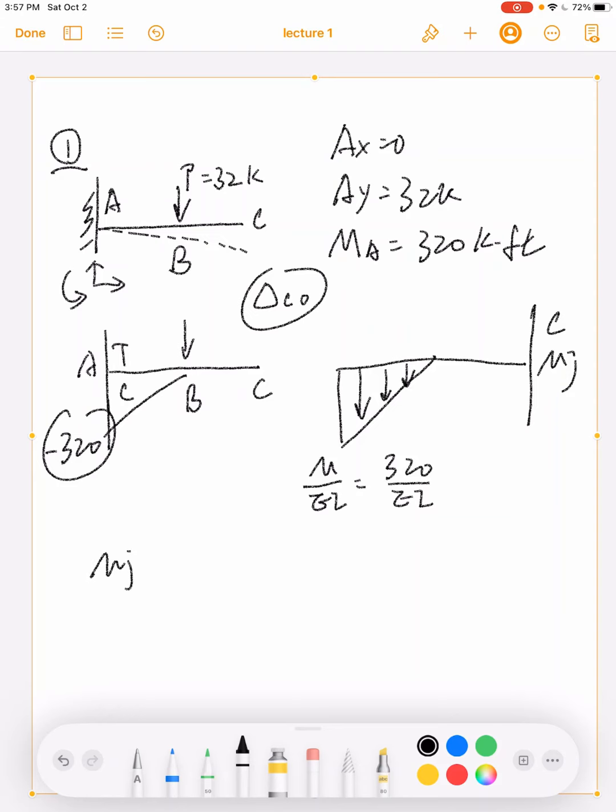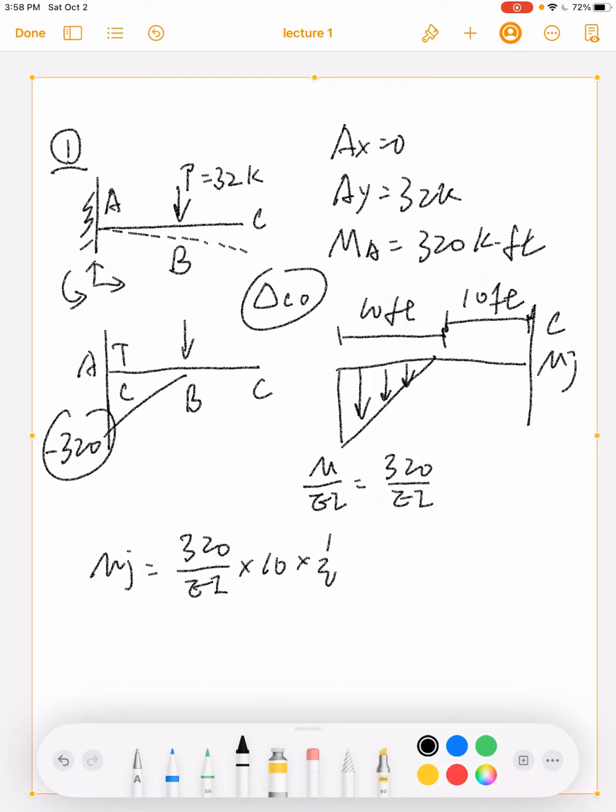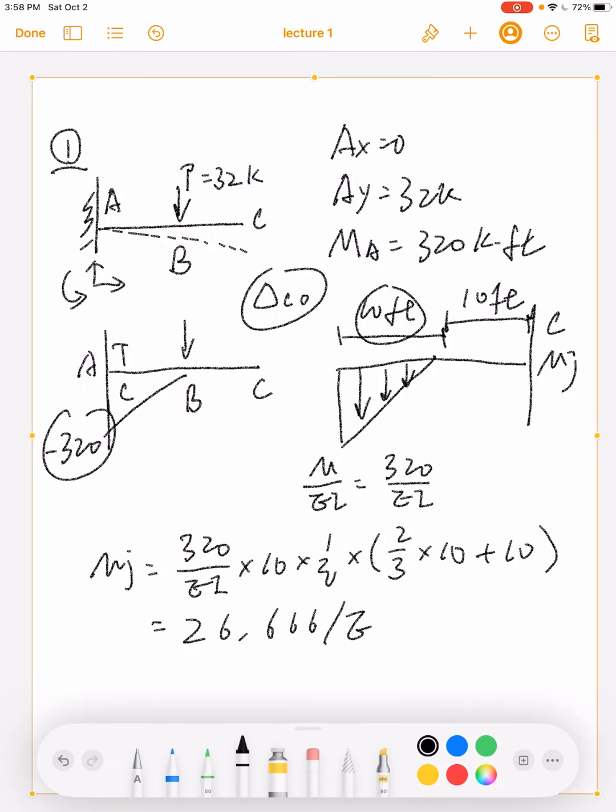So this MC is 320 over EI, that's the area of this triangle, multiplied by the moment arm, 2/3 multiplied by 10. This is the first 10 feet plus the second 10 feet. I'll get 26,666 over EI.